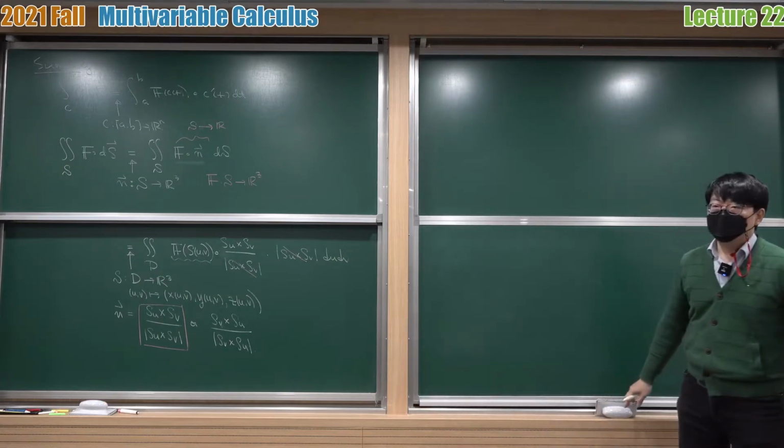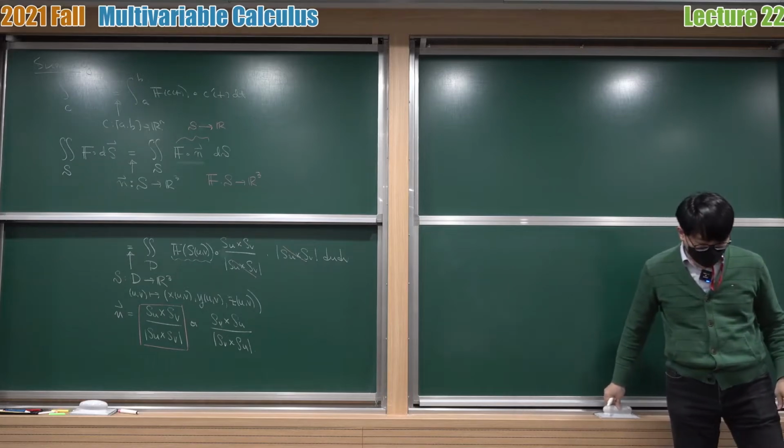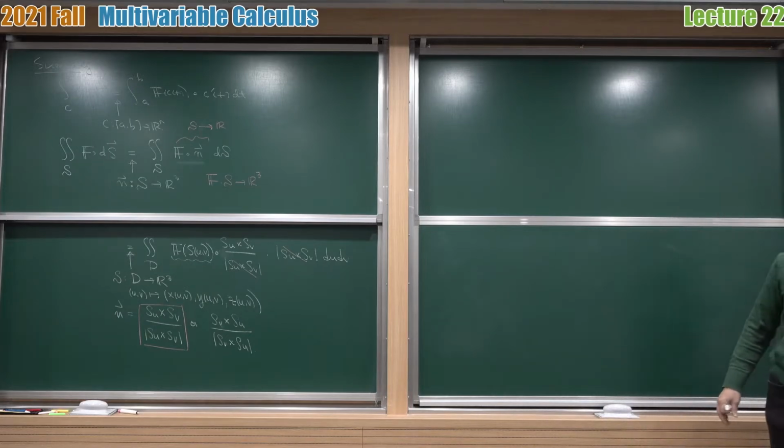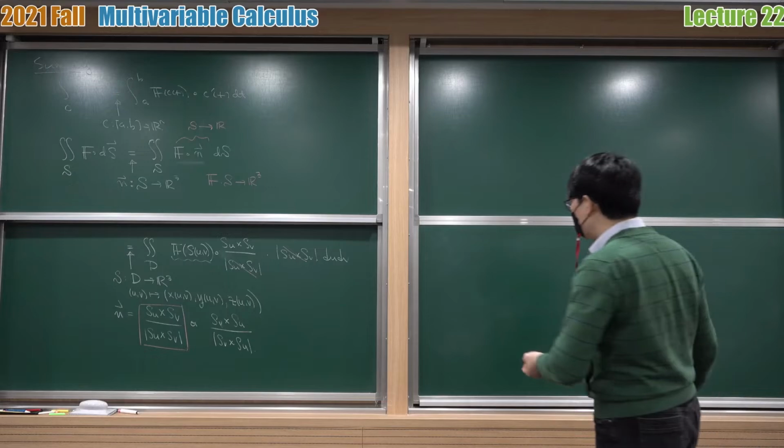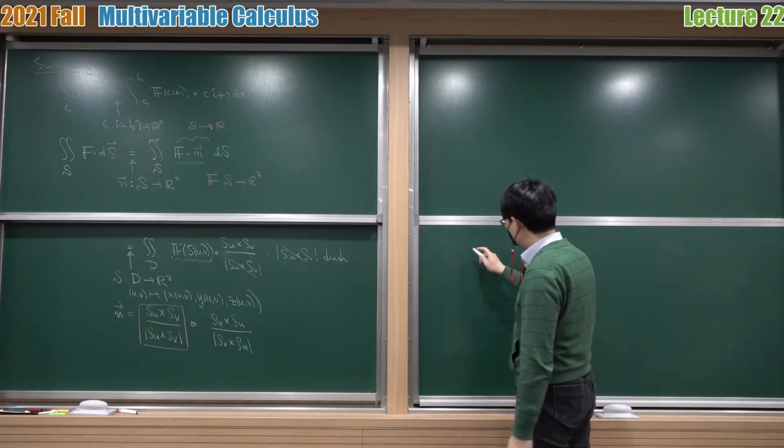So what we're going to talk about today is to think about what we get when we take the line integral and the flux over a closed curve in the two-dimensional plane. So here's the situation.